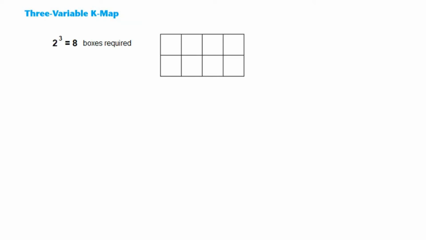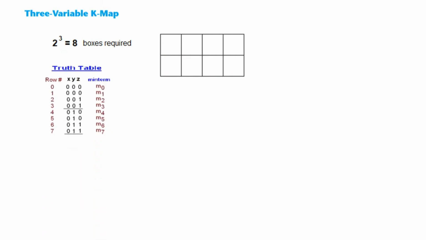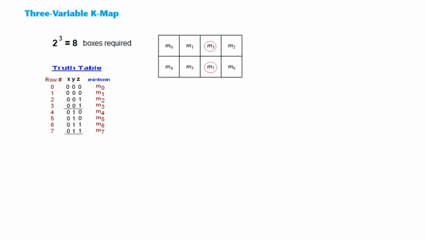Now let's see the 3 variable K-map. So we need 8 boxes. So we select the boxes like this. Then we take help of the truth table and minterms, you remember. Now the important point to remember in case of more than 2 variables is that the sequence is disturbed here.